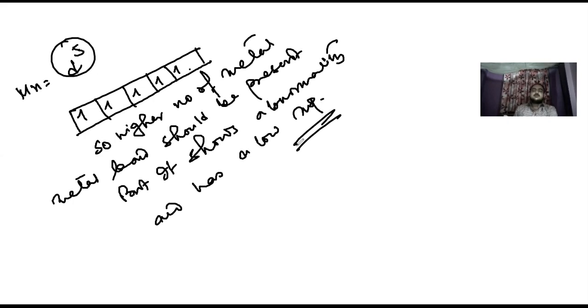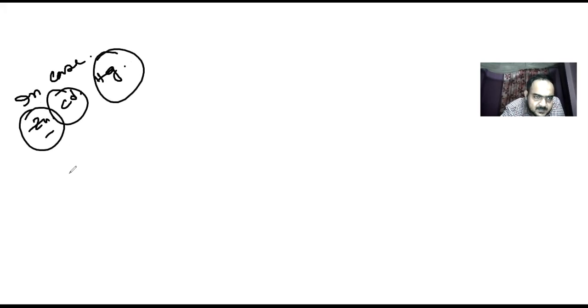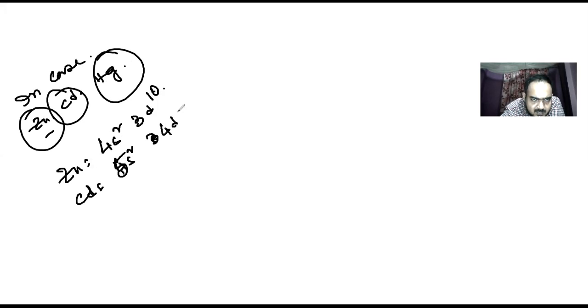But in case of zinc, cadmium and Hg, zinc has a 4s2 3d10 configuration, cadmium has 5s2 4d10 configuration. Mercury has 6s2 5d10 configuration.